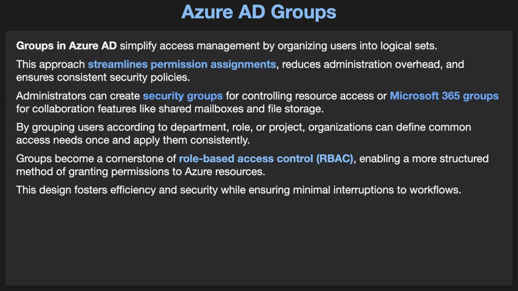By grouping users according to department, role, or project, organizations can define common access needs once and apply them consistently. Groups become a cornerstone of role-based access control, RBAC, enabling a more structured method of granting permissions to Azure resources. This design fosters efficiency and security while ensuring minimal interruptions to workflows.